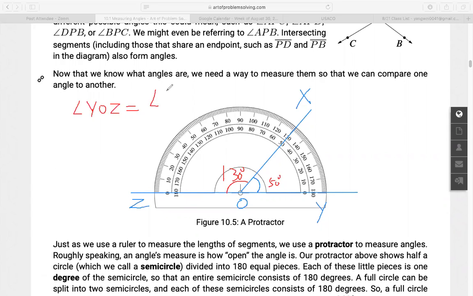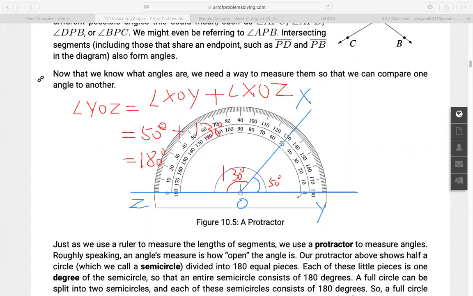This angle equals XOY plus angle XOZ, right? XOY is 50 degrees, XOZ is 130 degrees. Then you add these two angles together, you get 180 degrees.